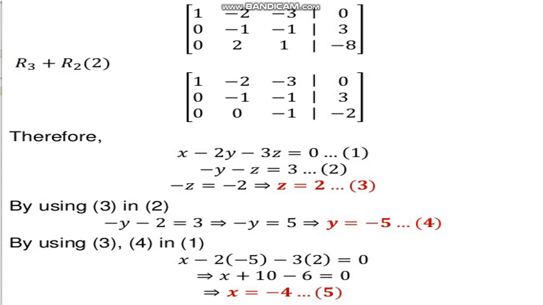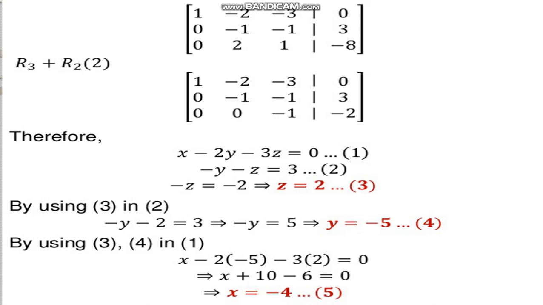Therefore, we write this matrix in equation form. The first equation is x - 2y - 3z = 0. The second equation is -y - z = 3. And the third equation is -z = -2. For more simplification, the negatives cancel, so z = 2.